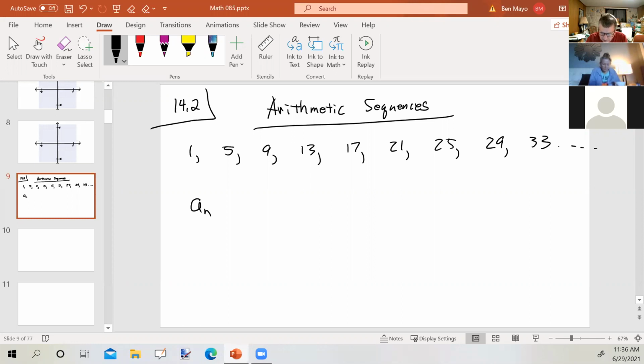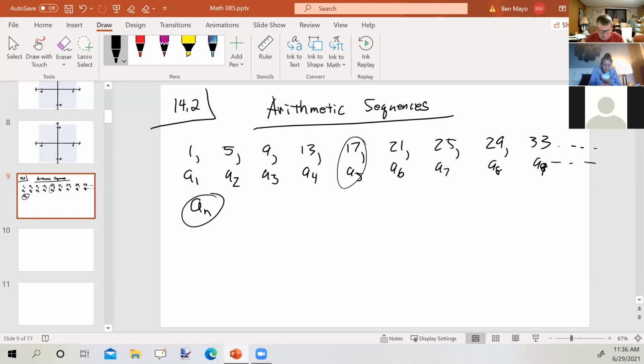Specifically for this sequence, this would be a sub 1, a sub 2, a sub 3, a sub 4, a sub 5, 6, 7, a sub 8, a sub 9, etc. So the first term in the sequence is a sub 1, the fifth term is a sub 5, the general term is a sub n. Any questions about that?